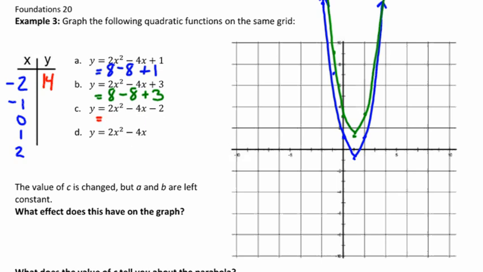Negative 1 squared, 1 times 2 is 2, plus 4, minus 2 is 4. 0 minus 0, minus 2 is negative 2. 1 squared times 2 is 2, minus 4 times 1 is minus 4, minus 2, negative 4. And plugging in 2, 2 squared is 4 times 2 is 8, minus 8, minus 2.